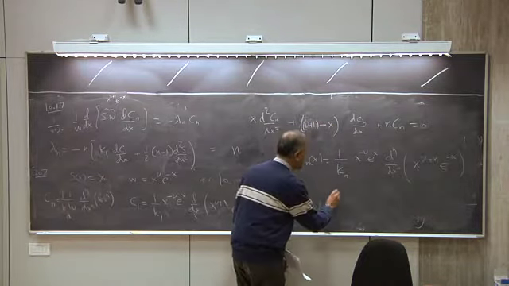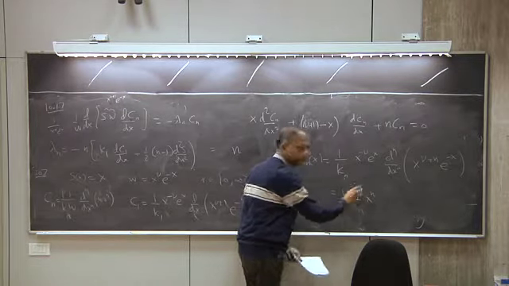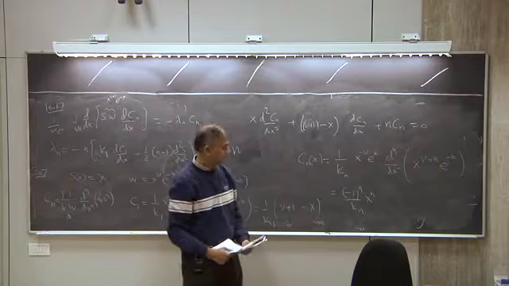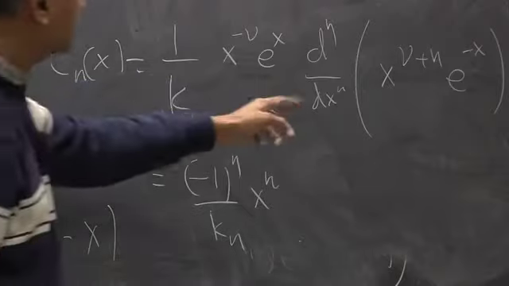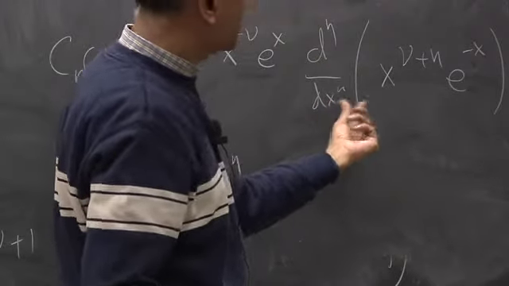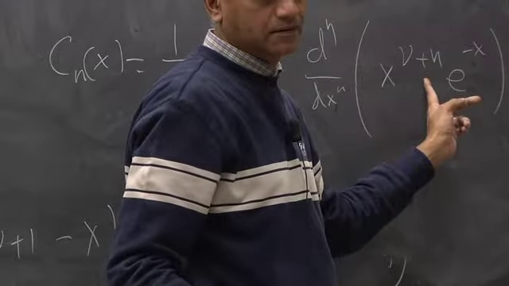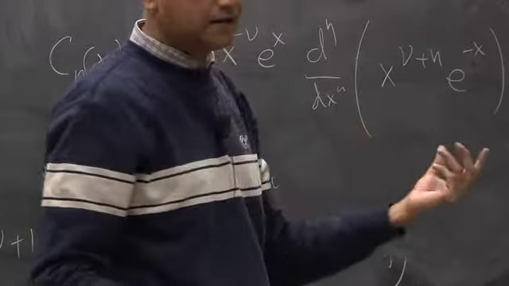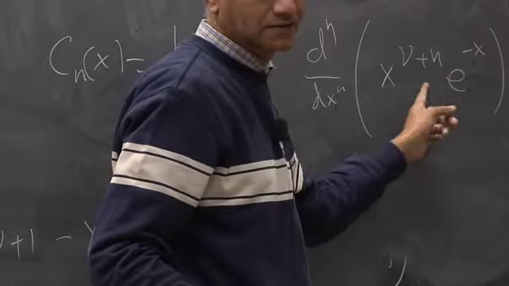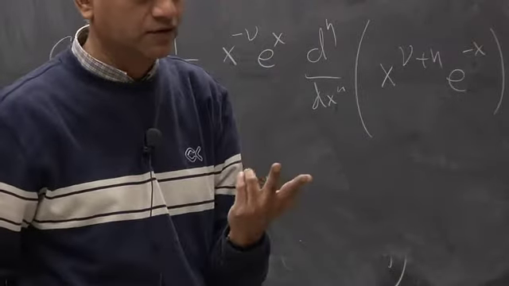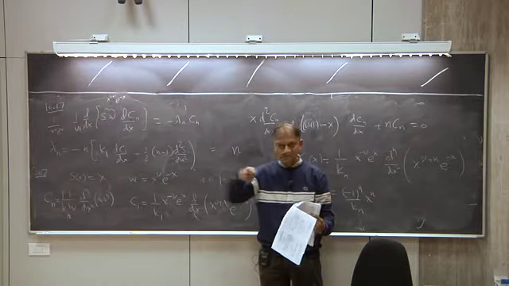So you get minus 1 to the n divided by kn times x to the n. Then suppose I also want the x to the n minus 1 term. Then out of these n derivatives, n minus 1 derivatives must act there, and one derivative acts here. There are n ways of doing it, because there are n derivatives and you're just picking any one of them to act here.